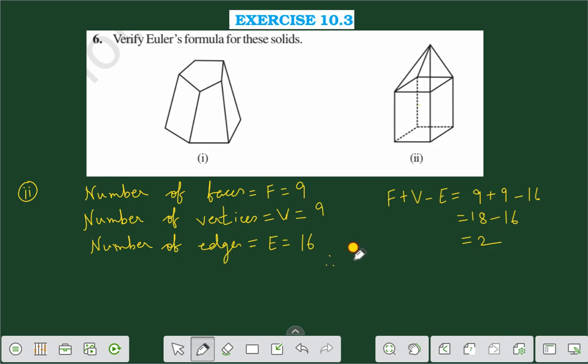Therefore we are getting F plus V minus E is equal to 2. Hence, here also Euler's formula is verified.